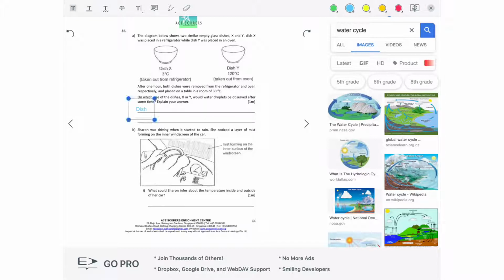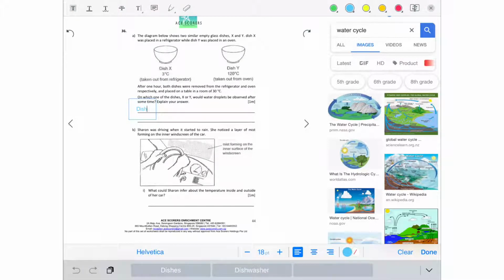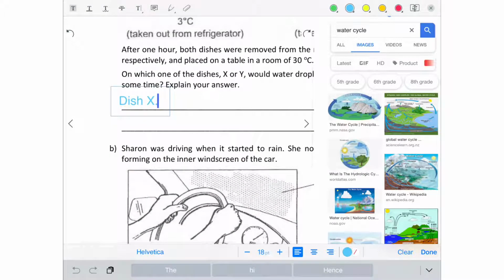Okay, we will see it on dish X, right? Why is it on dish X?